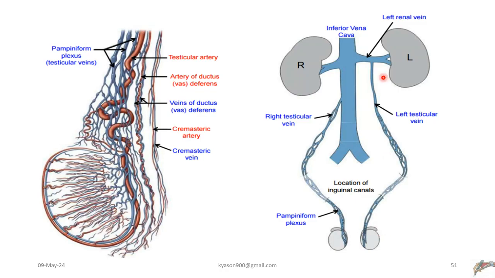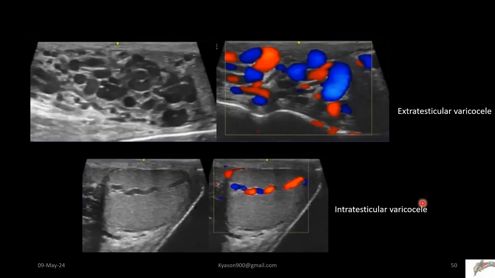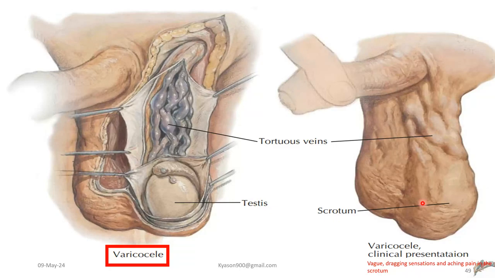Because the left testicular vein joins the left renal vein at an angle, so it's possible for blood to pour downwards to overfill the pampiniform plexus of veins and the testicle. So basically, that's why it's common on the left side. There are more reasons as to why it's common on the left side. I want you to find out. This is just one, but there are several reasons.